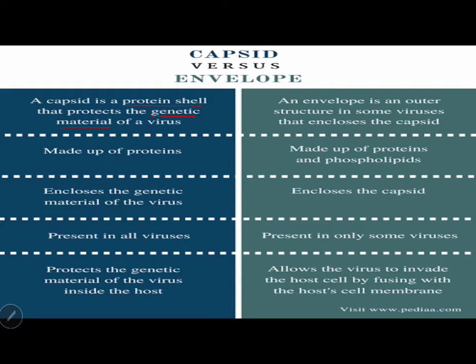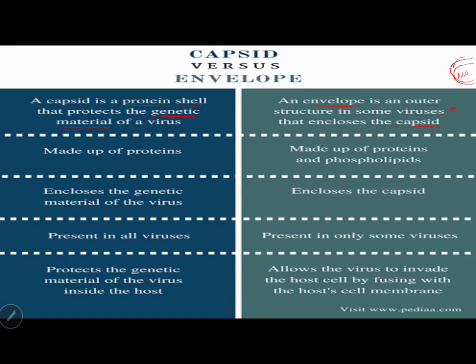An envelope is an outer structure in some viruses. Please note down, this is not a default structure, and if present, it is present outside capsid. Correct? So first I come across envelope, then I come across protein coat, then I come across nucleic acid.